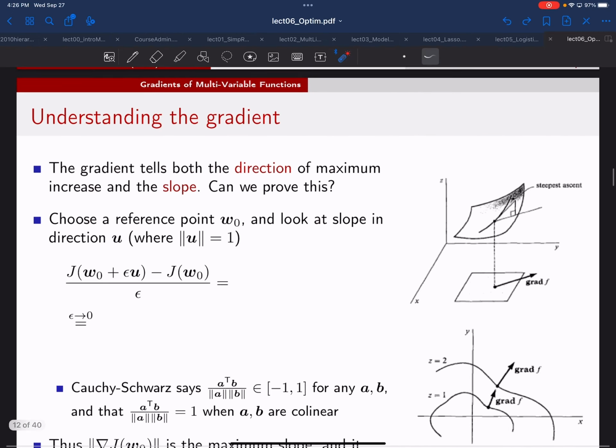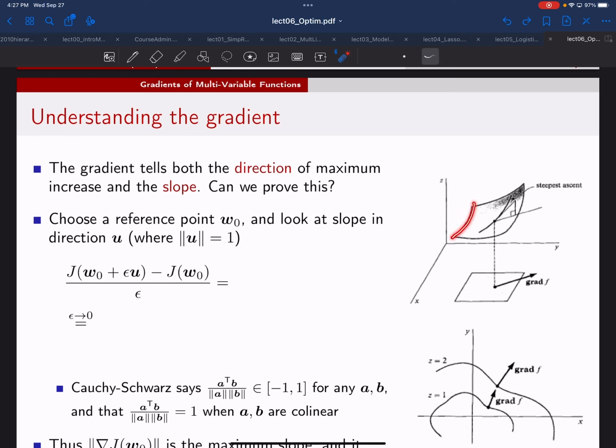pause and use some of these tools we've developed to understand the gradient a little deeper, to actually prove something that we've mentioned several times, which is that the gradient tells us both the direction of maximum increase as well as the slope. So this picture illustrates what I'm talking about.